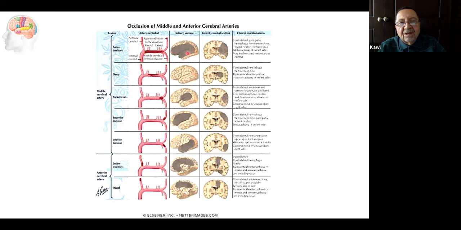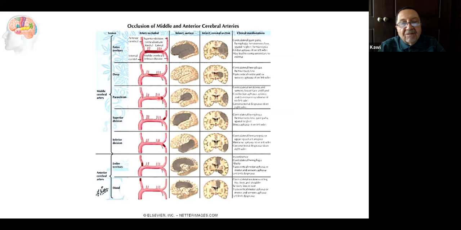This is on the lateral side, and this is on the coronal section. If the clot happened to dissolve on the side, but it's still hanging in the origin of the penetrating vessels, it will occlude the penetrating vessels which supply the basal ganglia and cause what we call a large vacuum.